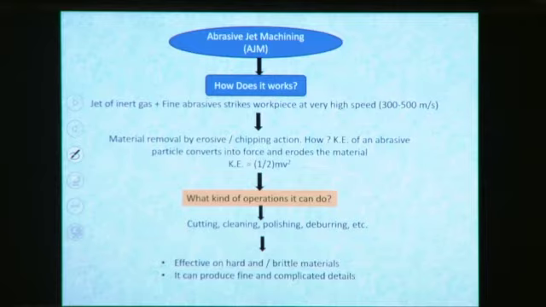So how does abrasive jet machining work? A jet of inert gas plus fine abrasive particles strikes the workpiece surface with a very high velocity, 300 to 500 meters per second. Because it is coming with a very high velocity, it stores energy in the form of kinetic energy.